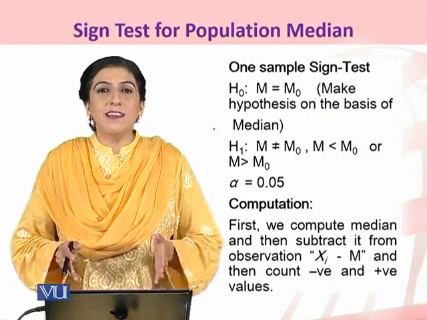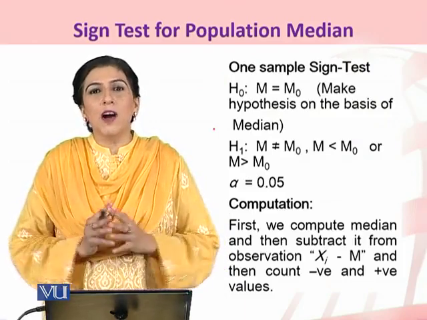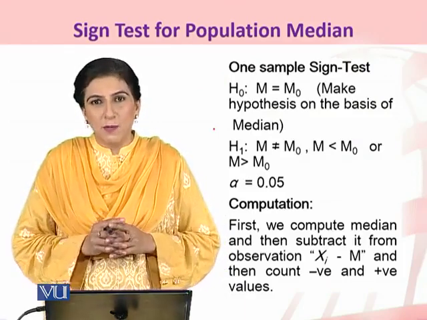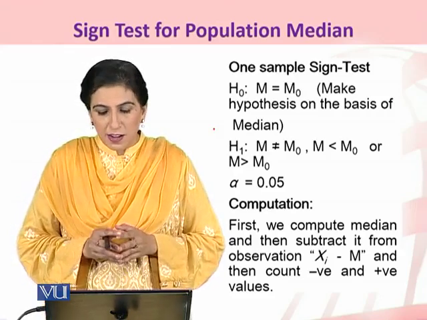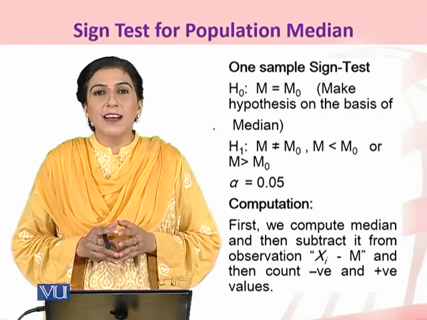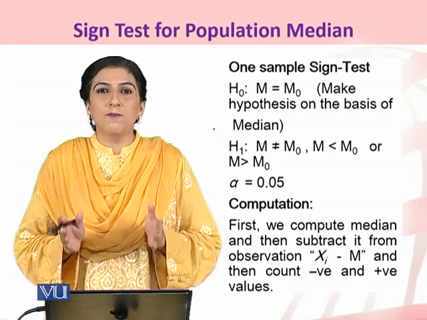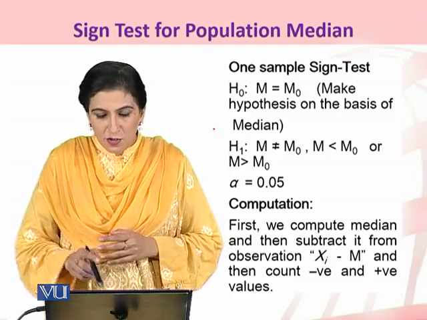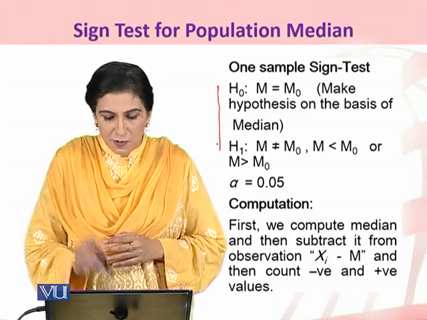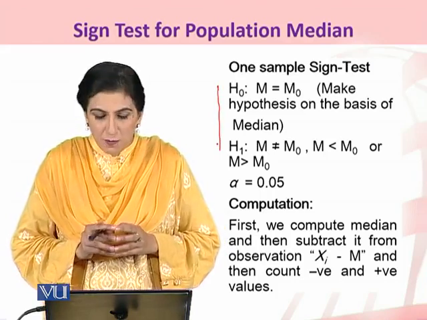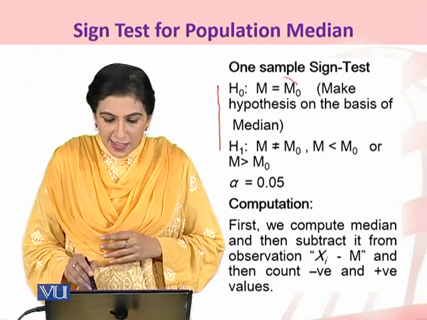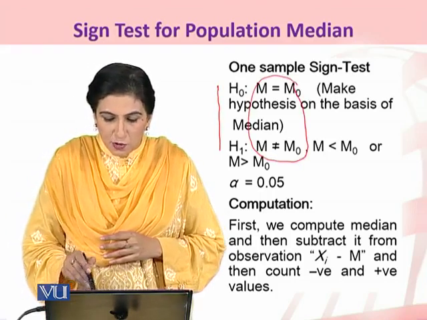So students, this is the procedure which we would have to outline for performing the sign test. The first thing for performing the sign test is to construct the pair of hypotheses. So students, if you look, this is the pair of hypotheses we are talking about. H naught: M equals M naught, against M not equal to M naught.